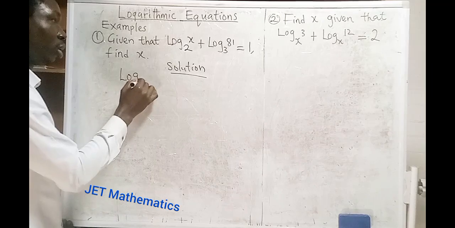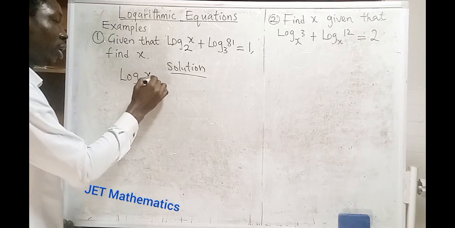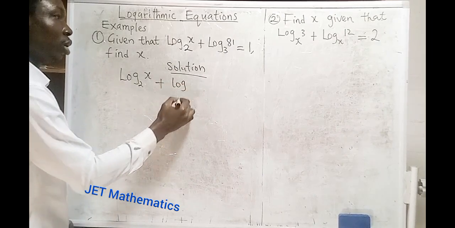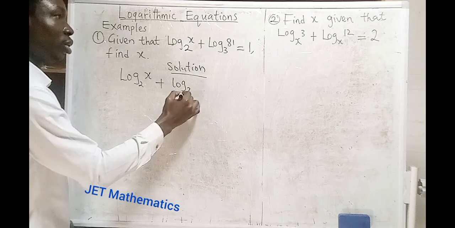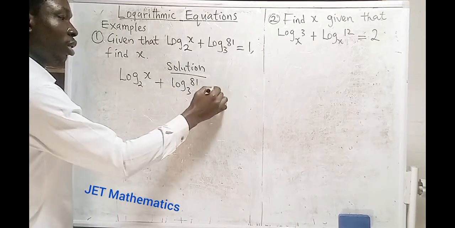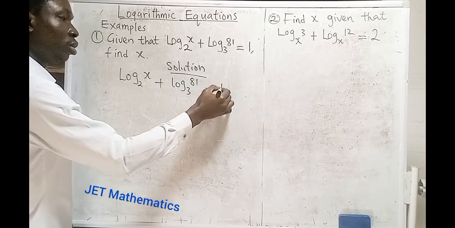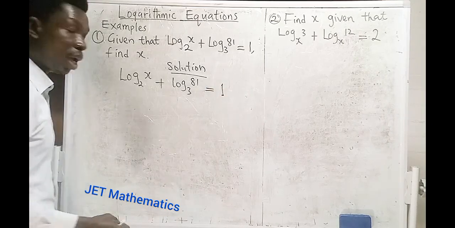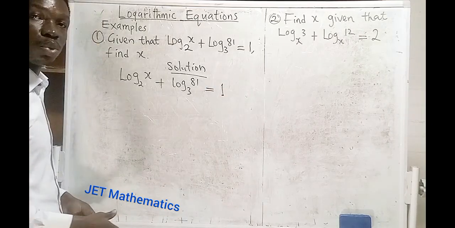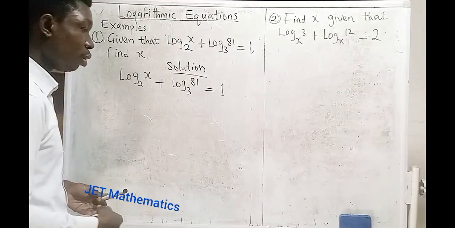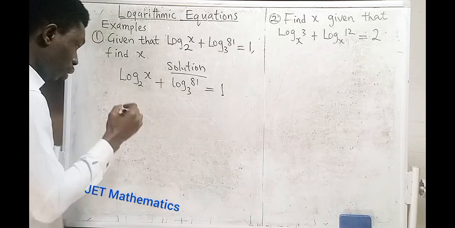Log x to base 2 plus log 81 to base 3 is equal to 1. By now I know you should be conversant with the laws of logarithm, so we'll just go straight.